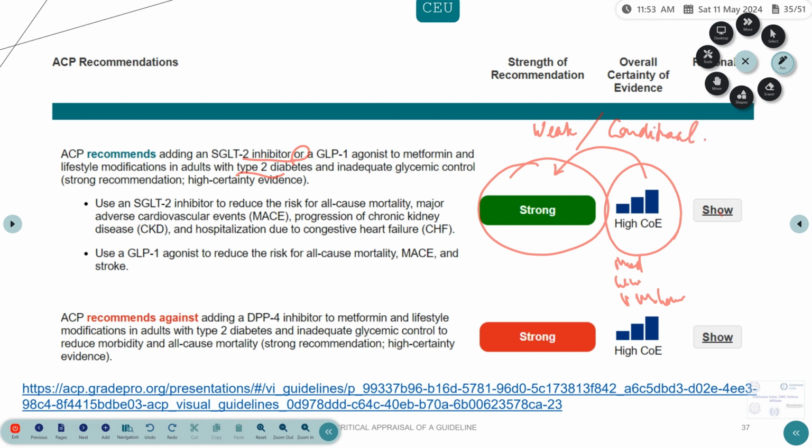So either they say strong or weak, or instead of saying weak recommendation, it's said as conditional recommendation. If the level of certainty is low, it may usually result in a conditional recommendation. What is the difference between a strong recommendation and a conditional recommendation?